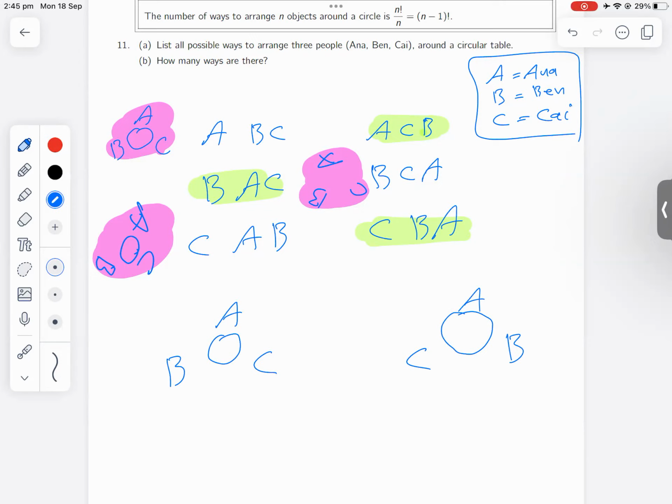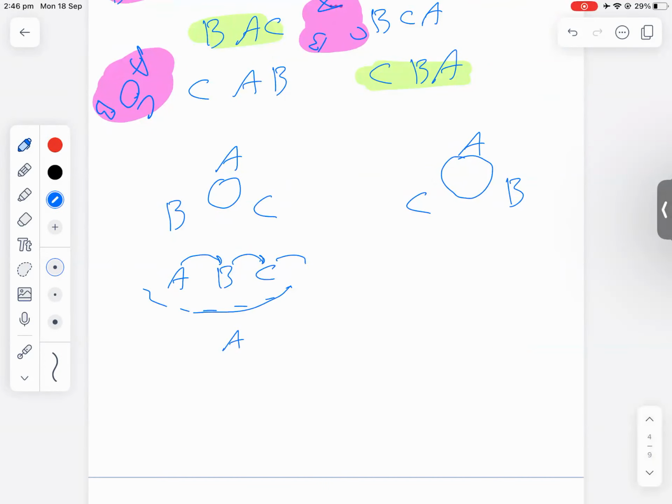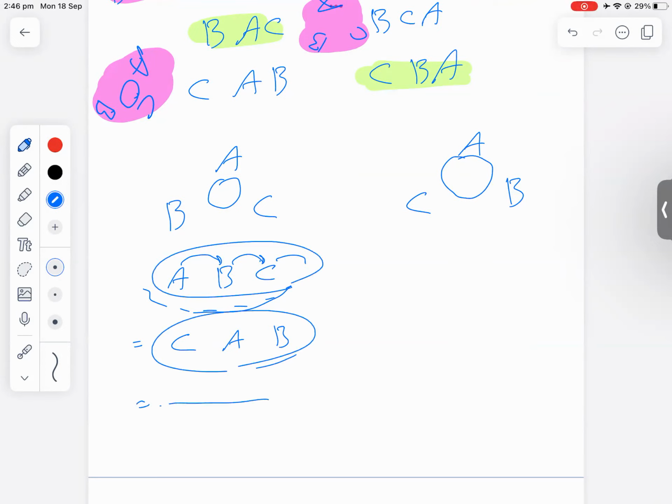Now you can see that here A, B, C. So if this comes here and this comes here and this comes in the position of here, so this will be A, this will be B, and C comes here. So it will be really the same as this guy here and these two together. So similarly, you can constitute the third one as well.